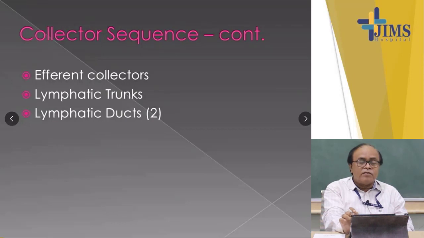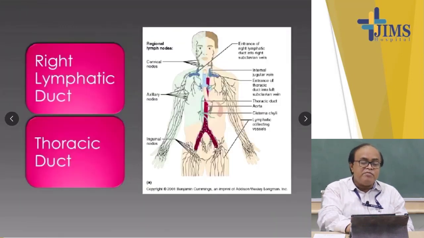From the lymph nodes, the lymph is carried away by the efferent collectors to the lymphatic trunks, ultimately to the lymphatic ducts. There are two lymphatic ducts, the right lymphatic duct and the thoracic duct.